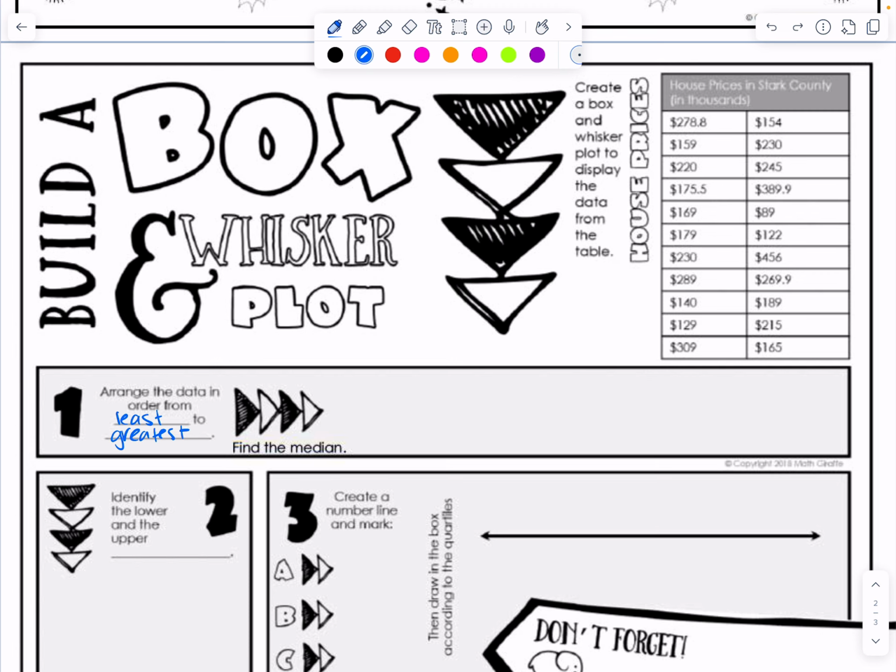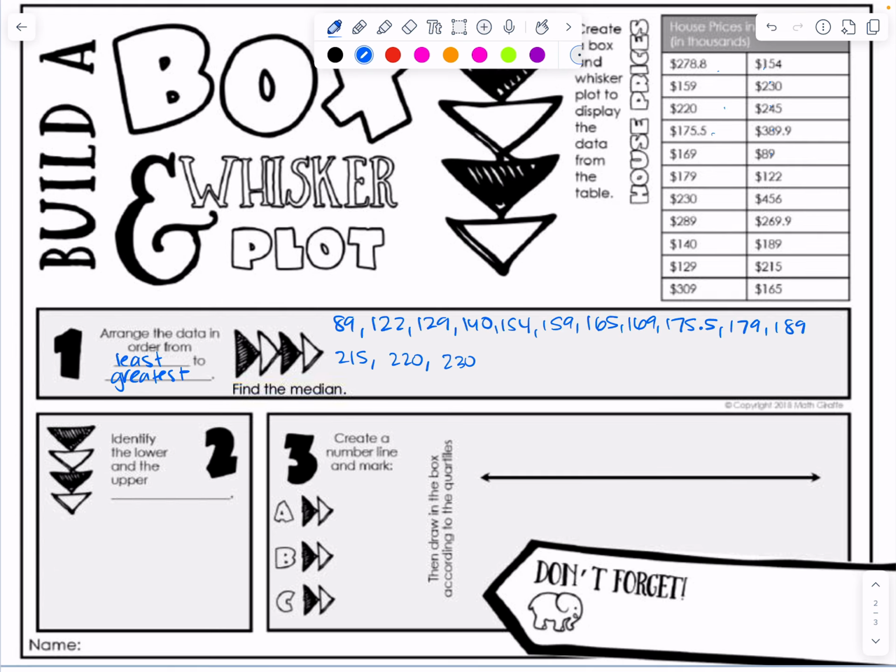So here we have 89, 122, 129, 140, 154, 159, 165, 169, 175.5, 179, 189, 215, 220, we have 230 twice, then we have 245, 269.9, 278.8, 289, 309, 389.9, and 456.